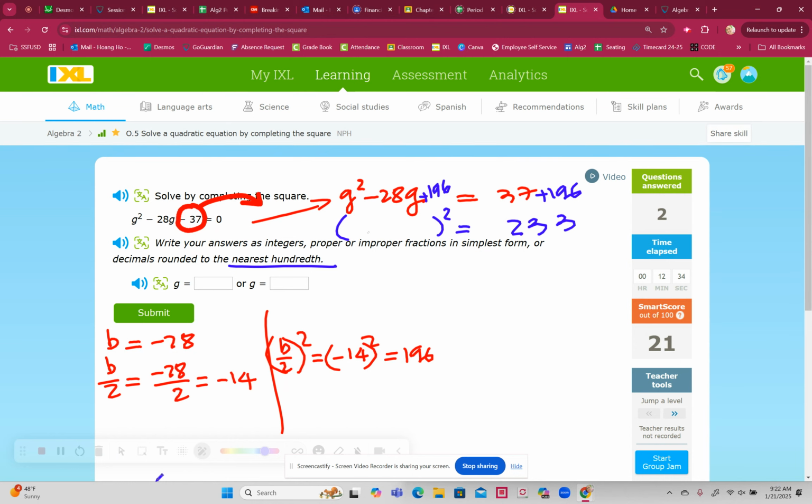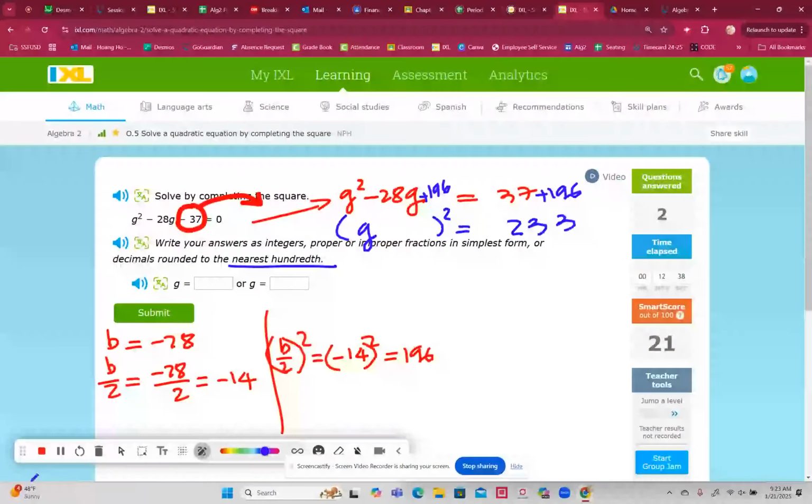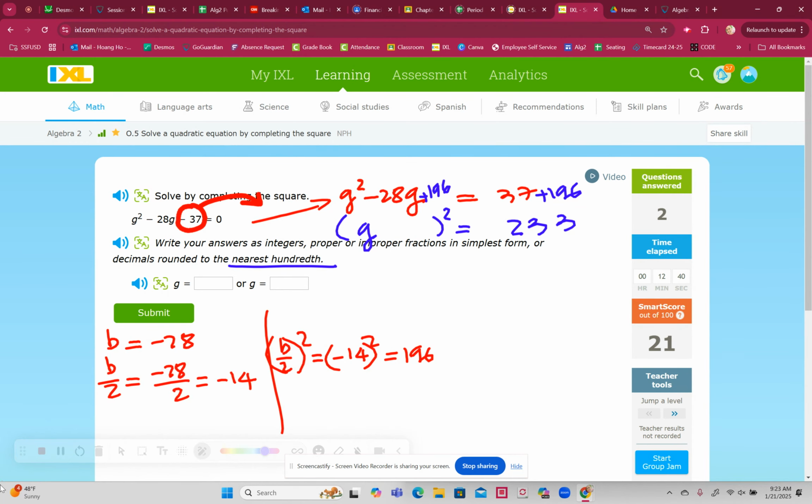All right, so now on the right side, what's a b over 2? Ashley, what's a b over 2? Negative 14, right there. Okay, so that's it. Now you take square root on both sides. So now g subtract 14 square equal to 33.